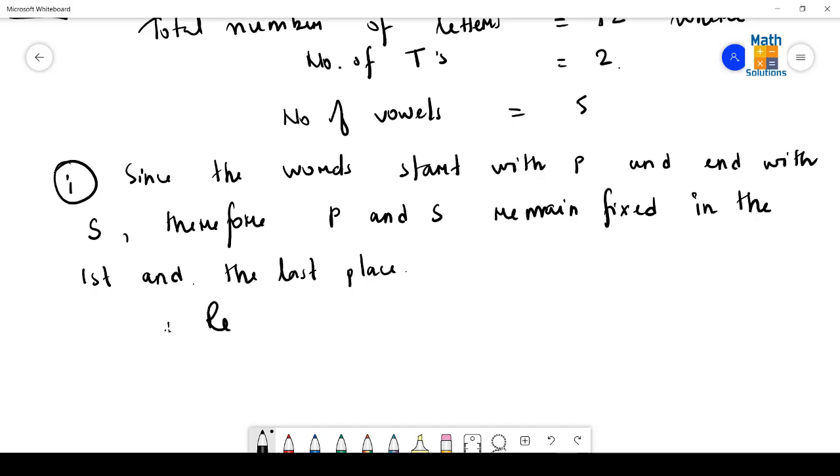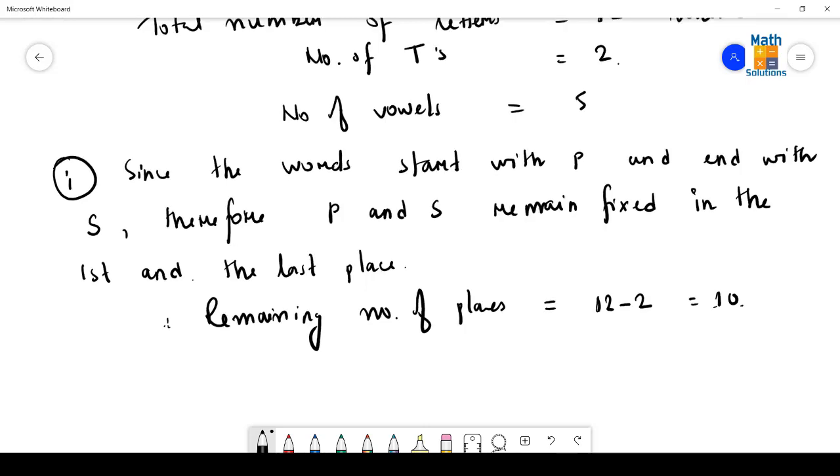Therefore, remaining number of places is equal to, what do we get? 12 minus 2, it is of course 10. So these 10 places we are to fill in with the remaining letters.